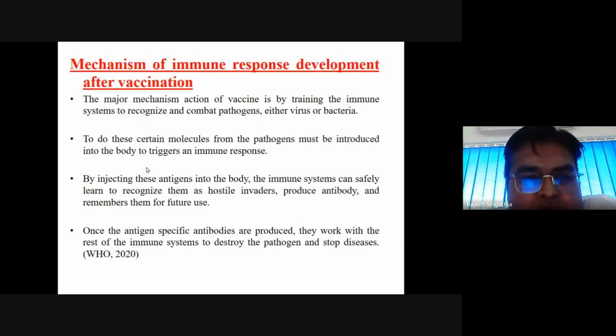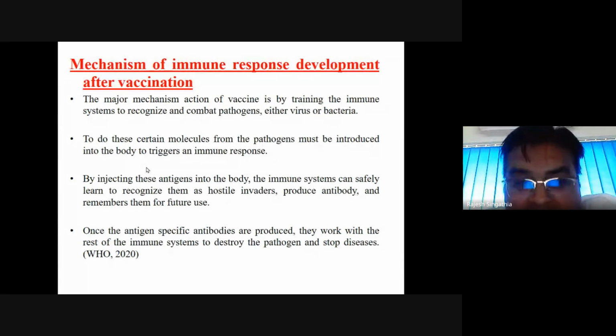To do so, molecules from the pathogen must be introduced into the body to trigger an immune response. By injecting these antigens, which may be from a virus or bacteria, present on the bacteria and virus, we inject the antigen into the body, and the immune system can safely learn to recognize them as hostile invaders, produce antibody, and remember them for further use.